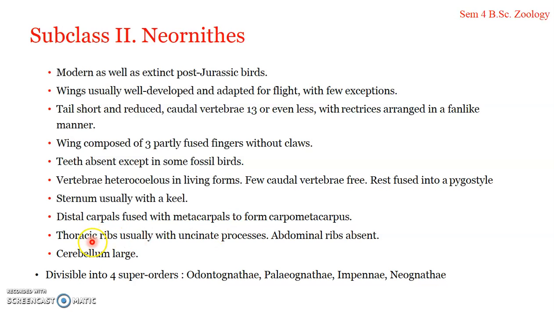Thoracic ribs usually have uncinate processes, as against Archaeornithes, and abdominal ribs are absent. The cerebellum is large. The subclass Neornithes is divided into four superorders: Odontognathae, Palaeognathae, Impennae, and Neognathae.